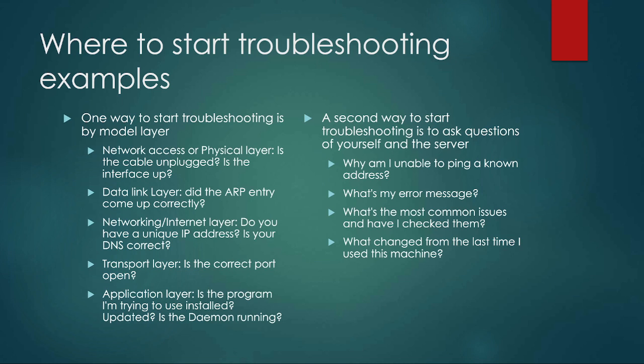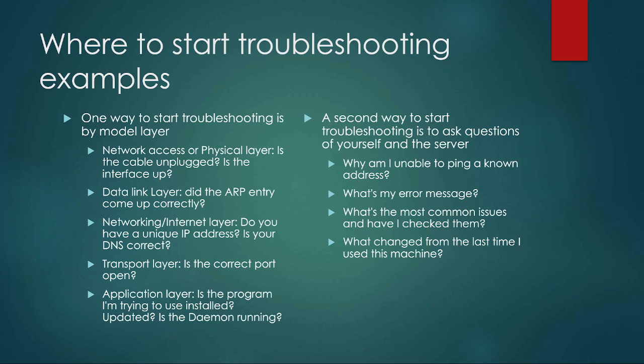Is your DNS correct? We can move up to the transport layer. Is the correct port open for the application that we are using? Then we can go to the application layer. Is the program I'm trying to use installed? Is it updated? Is the daemon running? And we can ask these questions of the server in a rather methodical way based off of these layers from the OSI or TCP/IP model.